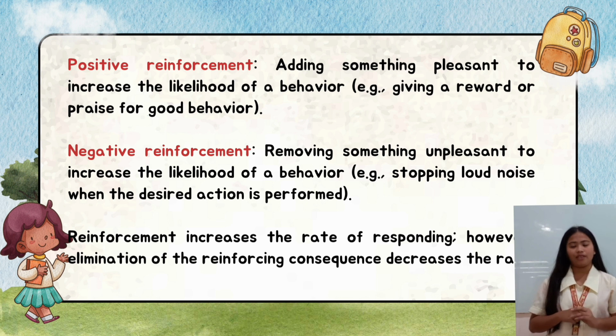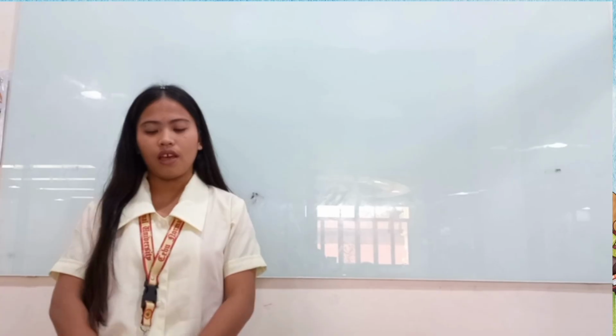Reinforcement increases the rate of responding. However, elimination of the reinforcing consequence decreases the rate. For the rest of the components of operant conditioning, we have Merrifield Bantilan to discuss further.